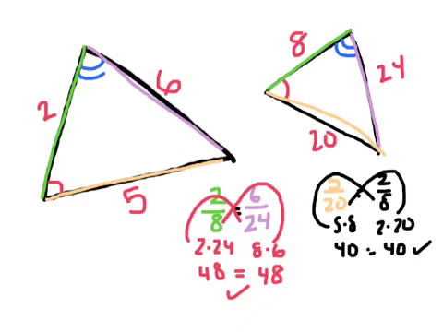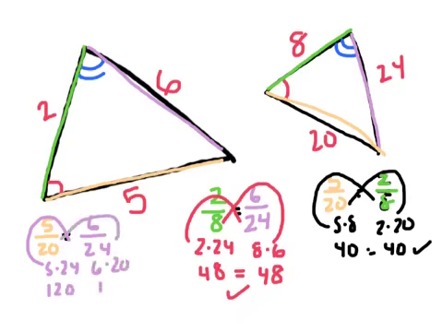And just to be sure, I could do the last combination, the 6 is to 24. Okay, so if I do cross products, I get 5 times 24, which is 120. 6 times 20, you get 120. So in this case, all three proportions check out.